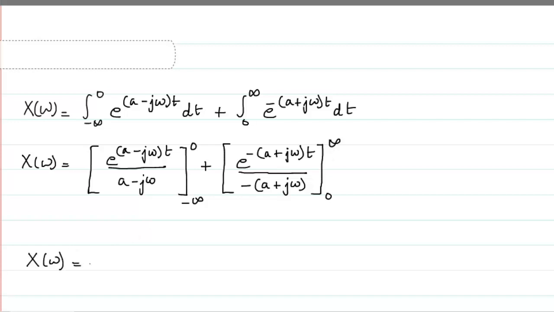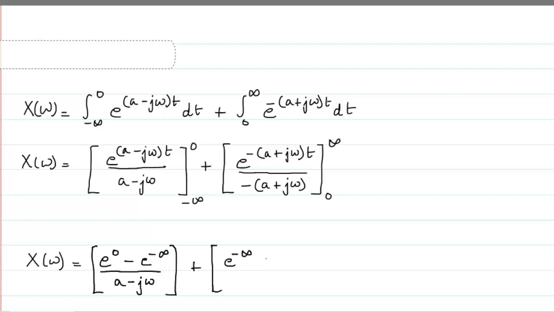Therefore, x of omega will now be equal to, let me write it properly, e raised to power 0 minus e raised to power minus infinity, divided by a minus j omega, and plus e raised to power minus infinity, because I'm going to substitute t equal to infinity, so it is going to be e raised to power minus infinity minus e raised to power 0, divided by minus of a plus j omega.